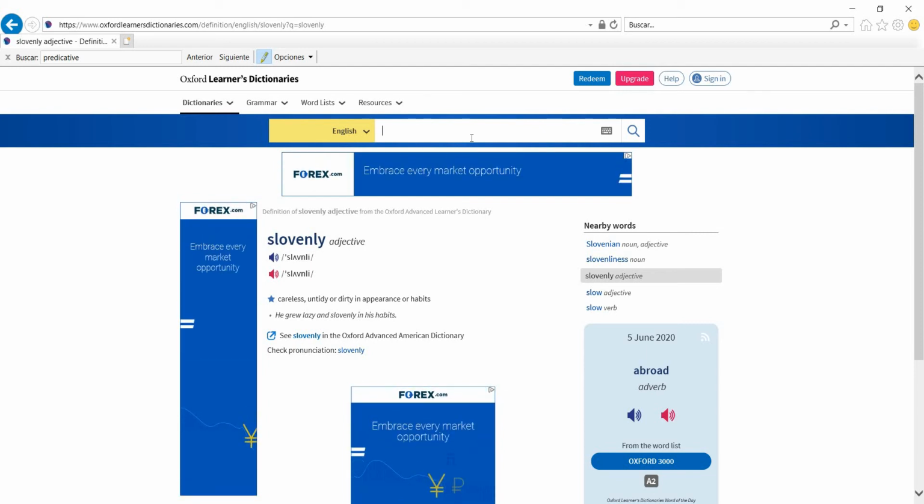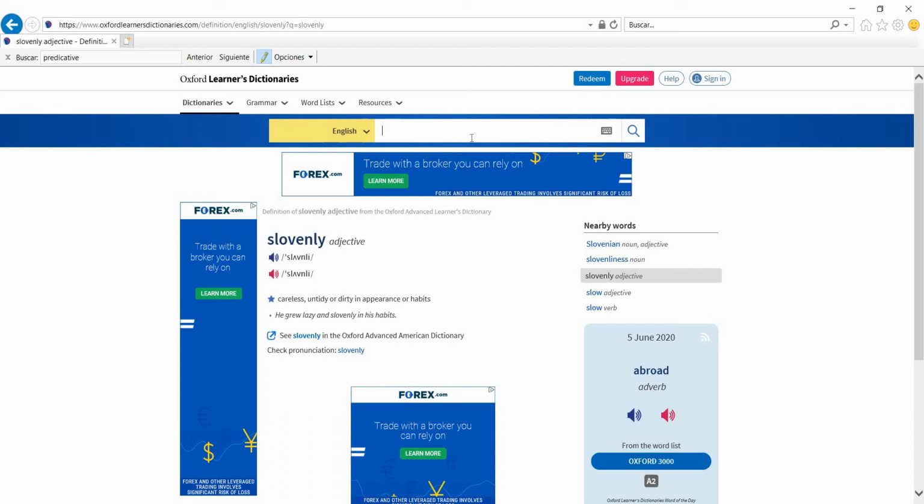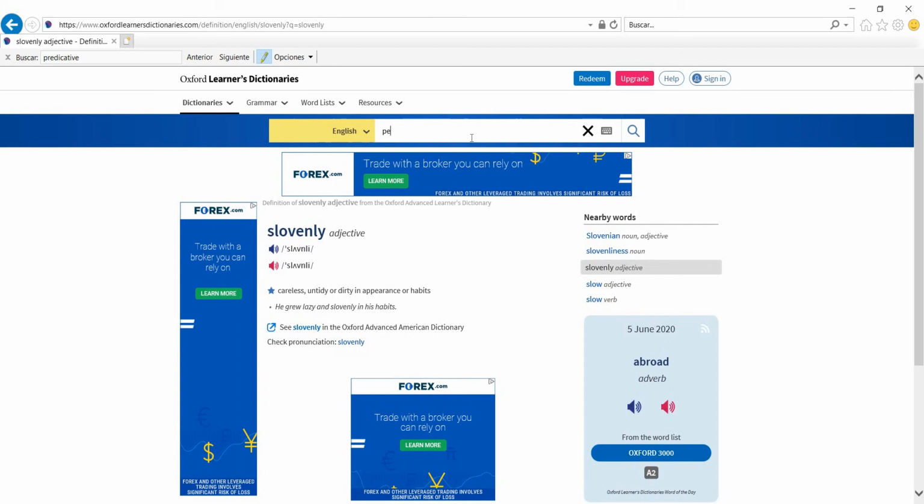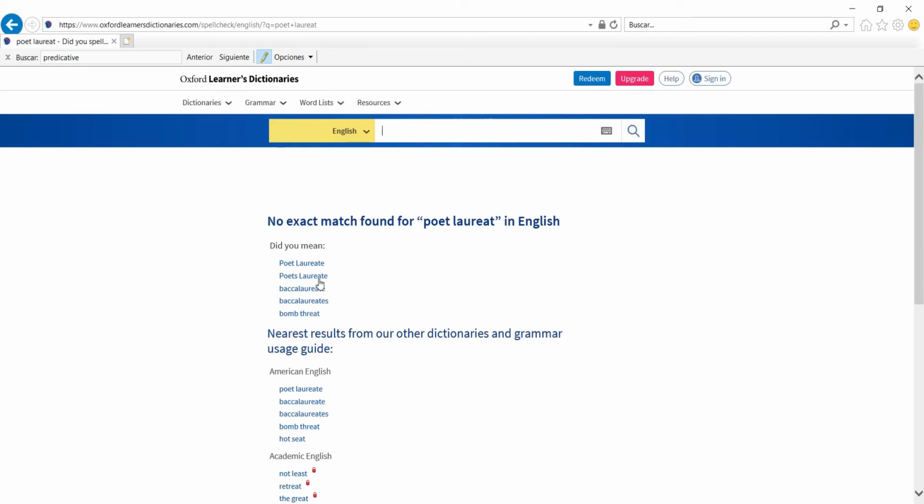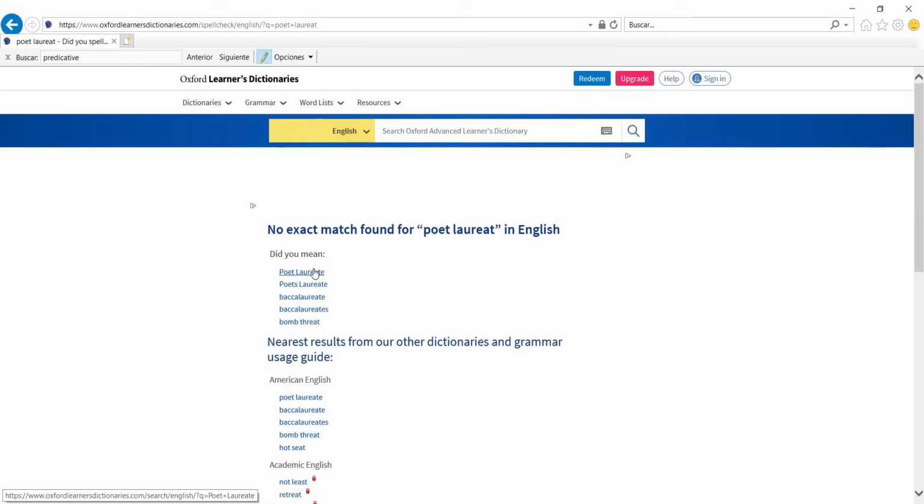Okay, so let's go back to the notes for entry 13, right? And here we have a number of adjectives that always occur after the noun, like secretary general, court martial, poet laureate. I missed the E. Poet laureate.